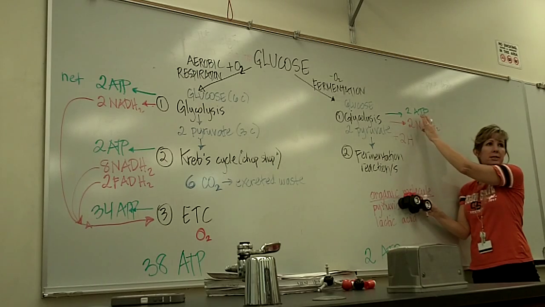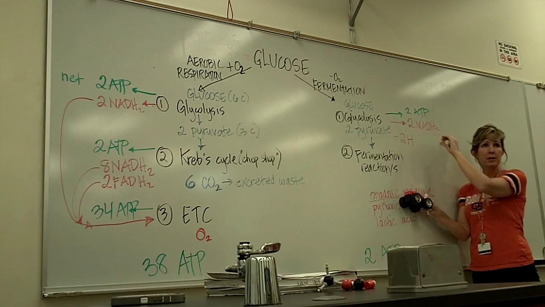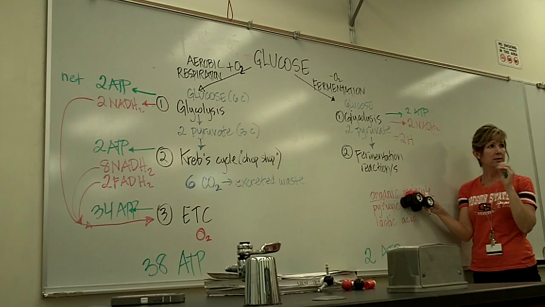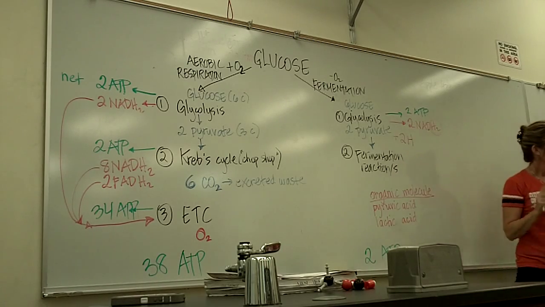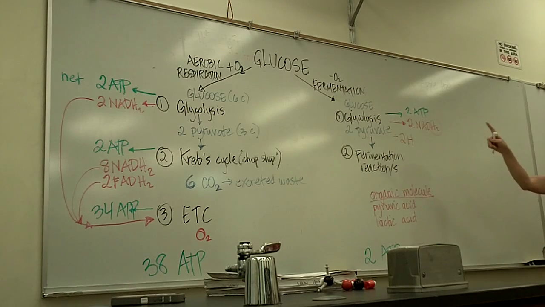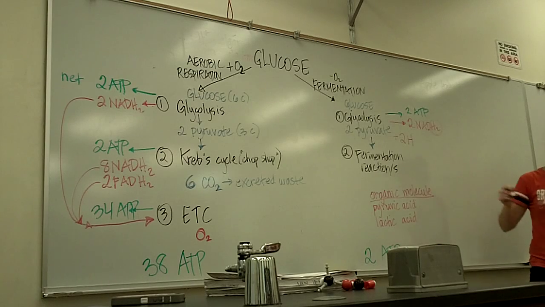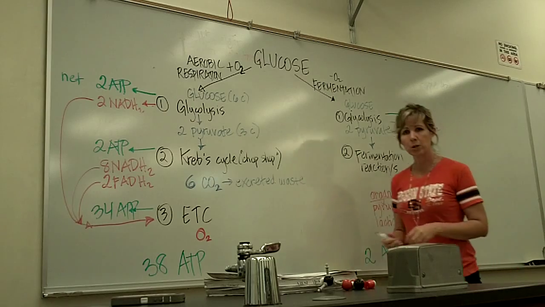Even though 2 ATP is not a lot of ATP, it's better than 0 ATP. It's life or death. 0 death, 2 life. Okay? So now let's look at more details of glycolysis, the Krebs cycle, electron transport chain, and the fermentation reaction. That's what we'll do on those worksheets.